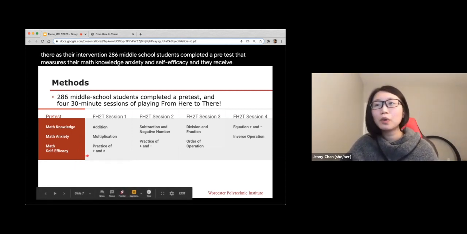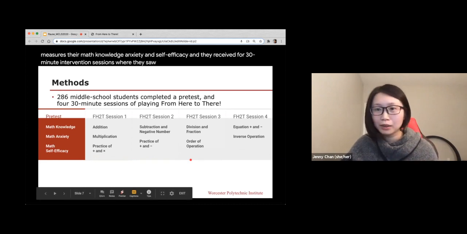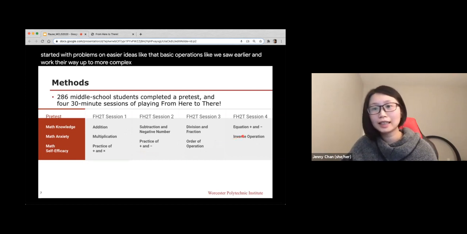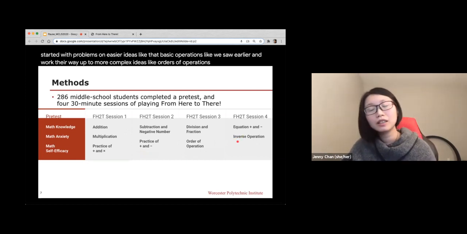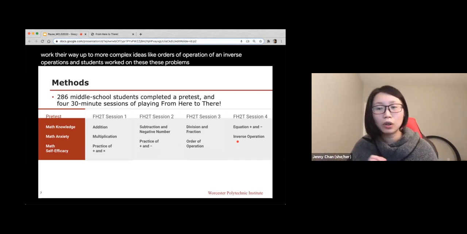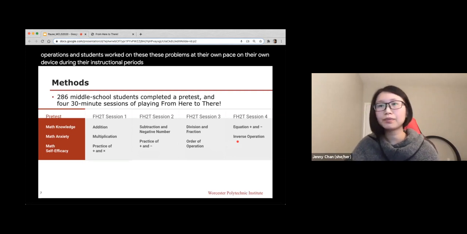And they received 4 30-minute intervention sessions where they solved problems within From Here to There. They started with problems on easier ideas like the basic operations like we saw earlier, and worked their way up to more complex ideas like order of operations and inverse operations. And students worked on these problems at their own pace on their own device during their instructional periods.